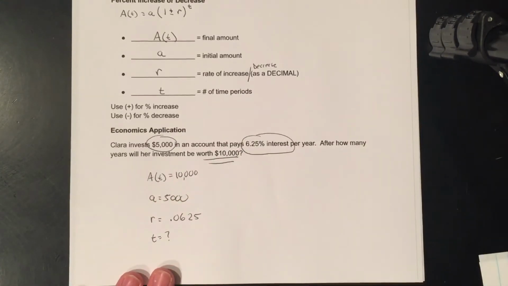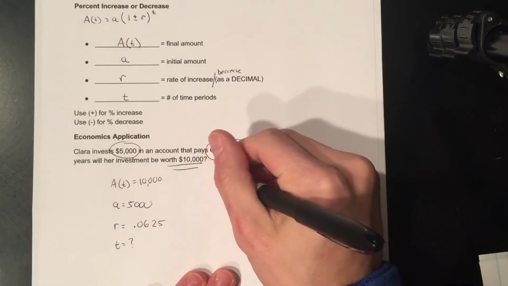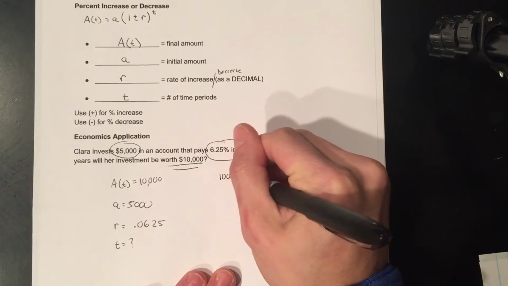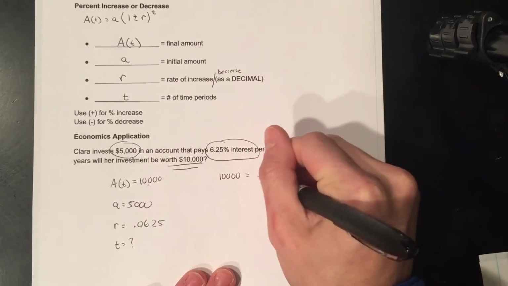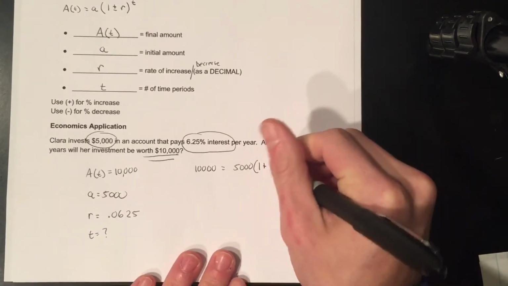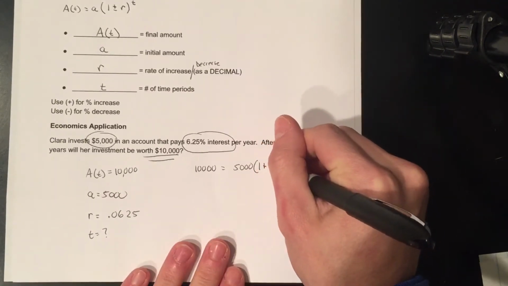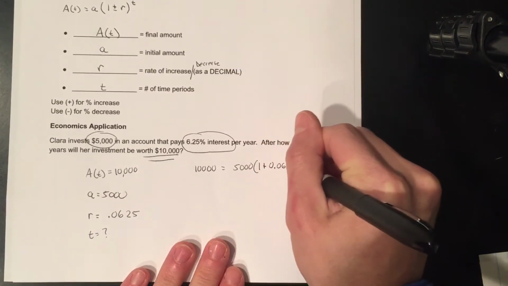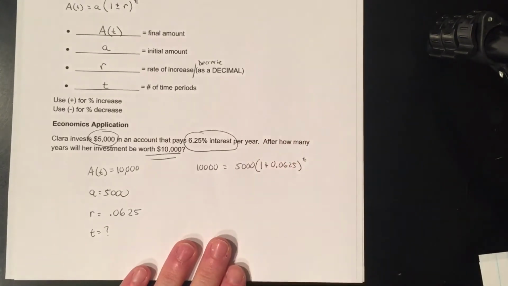That's what I'm solving for. I don't know how many years it'll take for the bank account to grow to that amount. In equation form, it actually looks like this: 10,000 equals 5,000 times 1 plus 0.0625 to the t power.